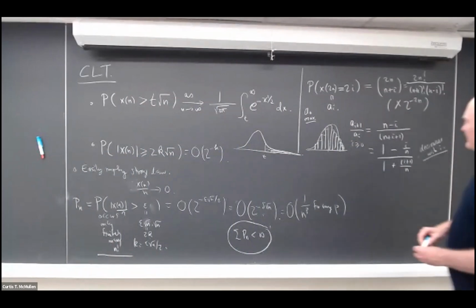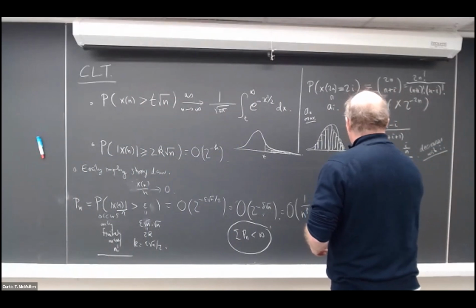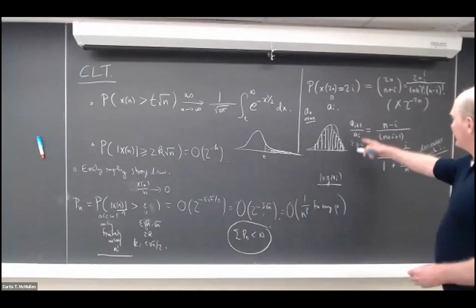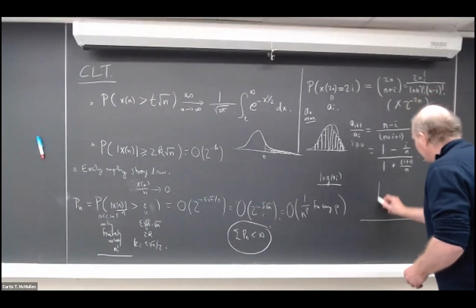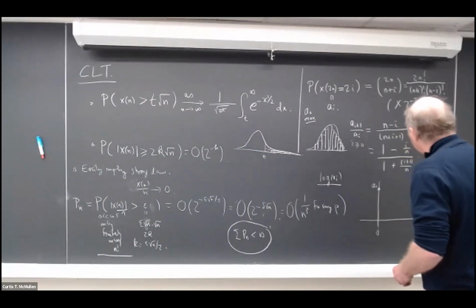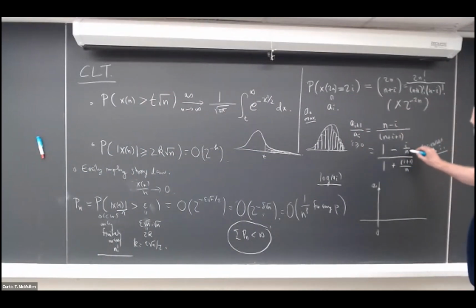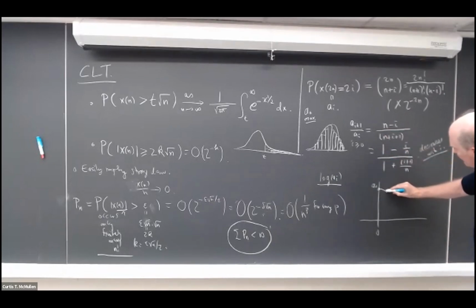Okay, now what happens if we were to look instead at the function log a_i instead of the function a_i? What we would find is that this function is maximized at 0. Here's a 0, and then it goes down by some amount.